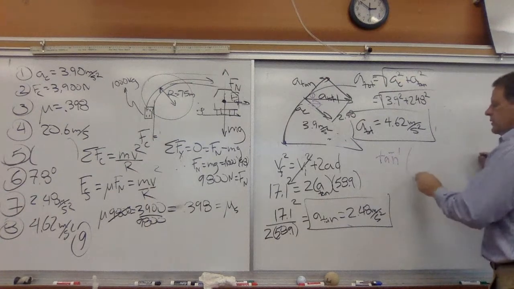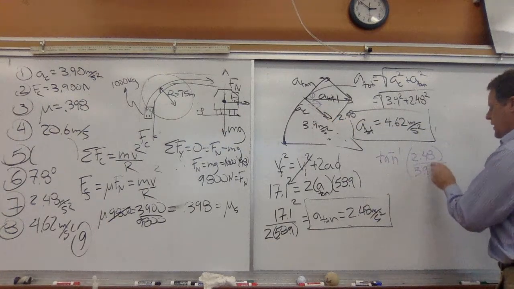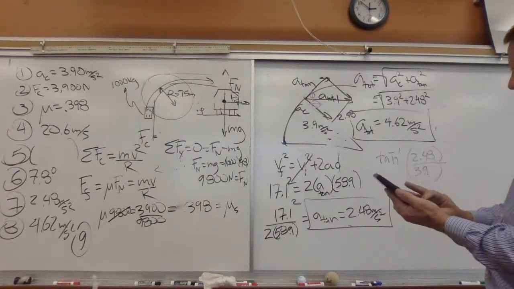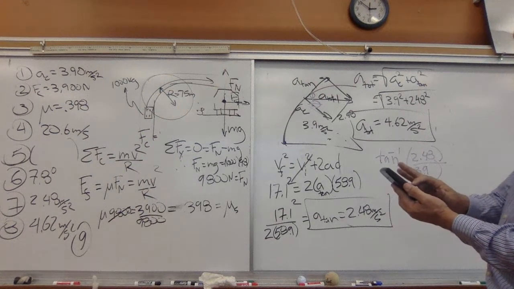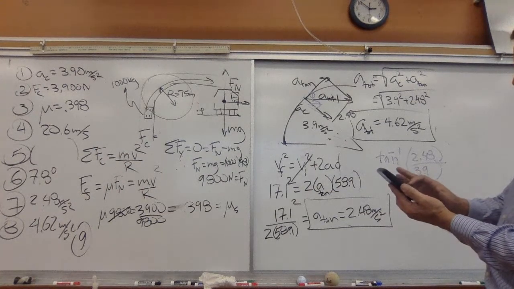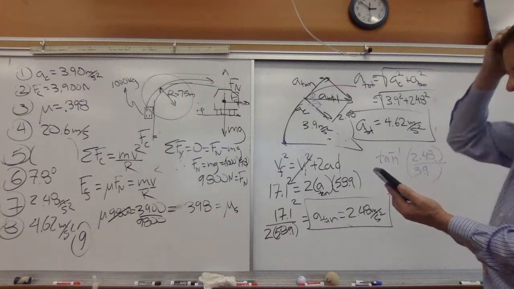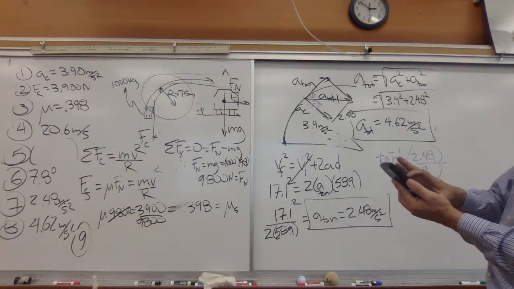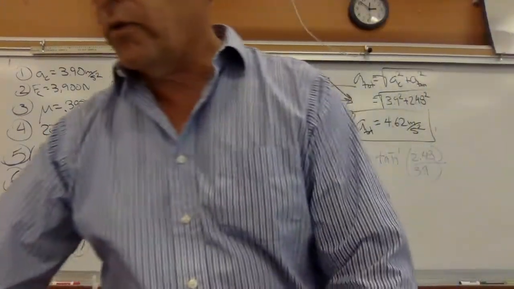So that is going to be the inverse tangent of the opposite, 2.48, divided by the adjacent, which is 3.9. 2.48 divided by 3.9 is 0.63, inverse tangent of that gives 32.47.